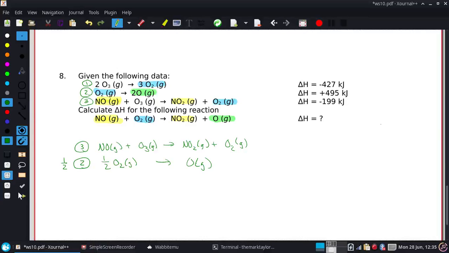All right, now, since the O2 was found in all of our equations, we're not going to be able to do anything with it yet, but we do know that we're going to do something with equation 1 to fix all this, because that's where the O2 gets balanced out. All right, and at this point, this is not going to give us the overall equation we want, we're going to combine our reagents from equation 3 and 2.